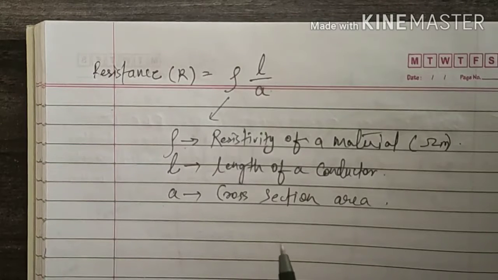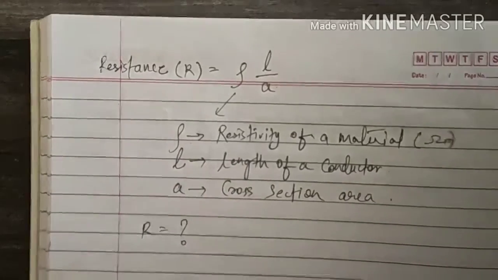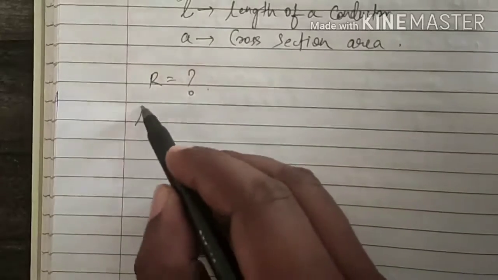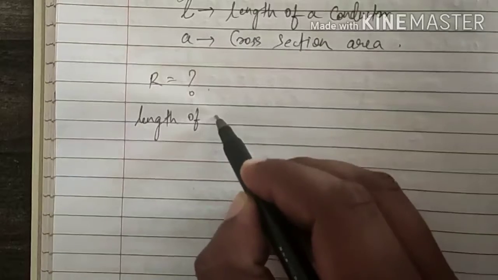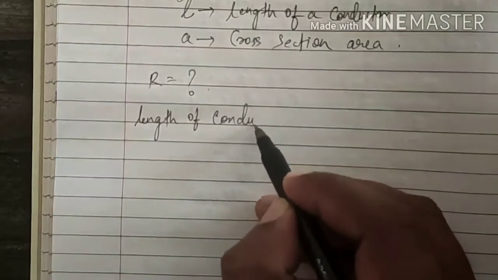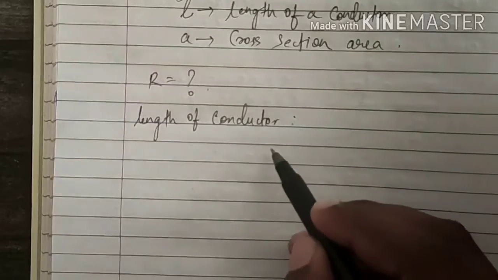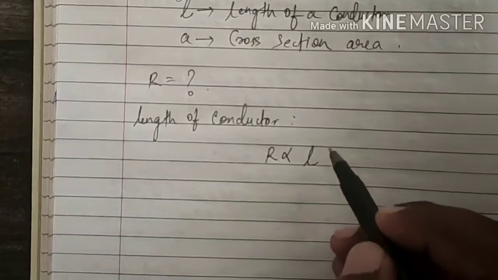Now we will look at the factors on which the resistance value depends. The first is the length of the conductor. The resistance of a conductor is directly proportional to its length.